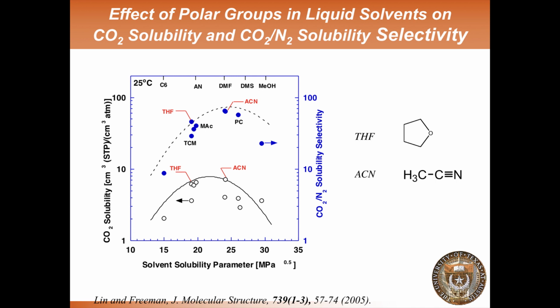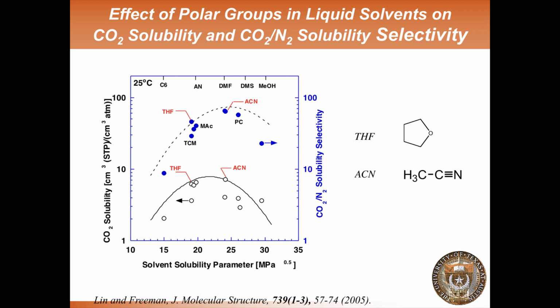Now it turns out that including these acrylonitrile units into the backbone of a polymer will increase the CO2 solubility, but the interaction between acrylonitrile and CO2 is rather strong, and the acrylonitrile units tend to slow down the diffusion of carbon dioxide more than the solubility is enhanced.